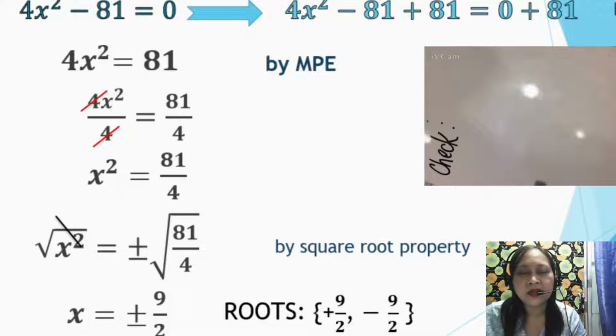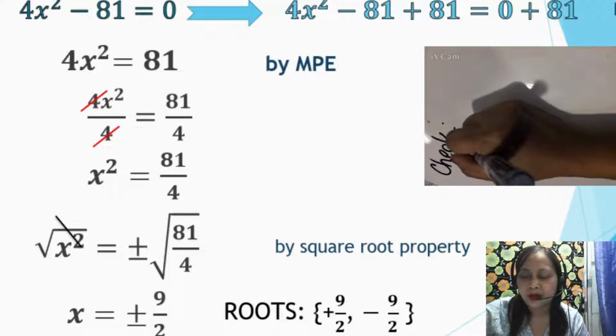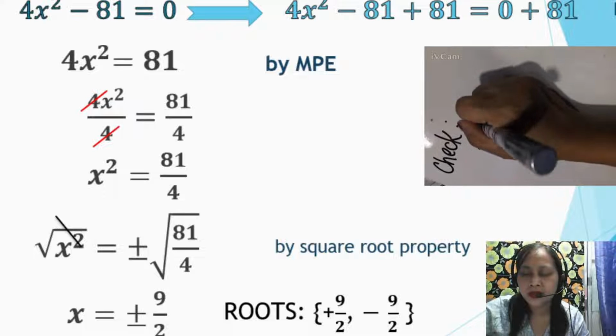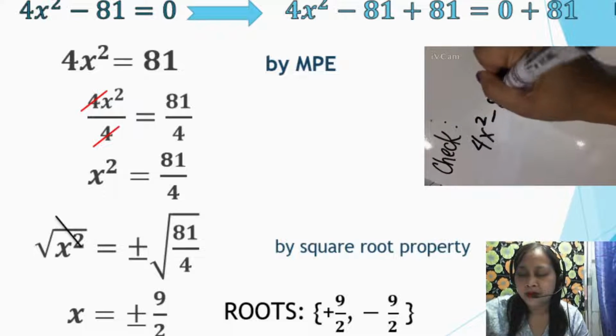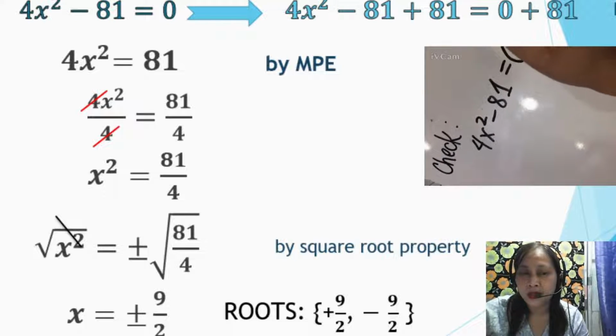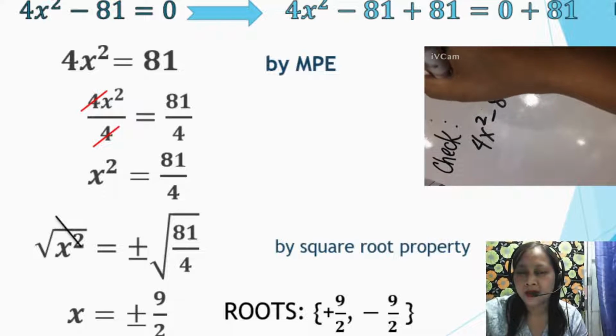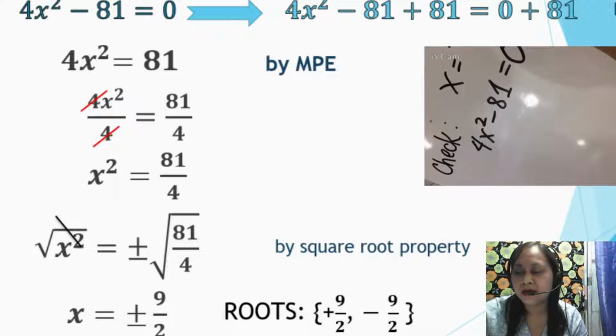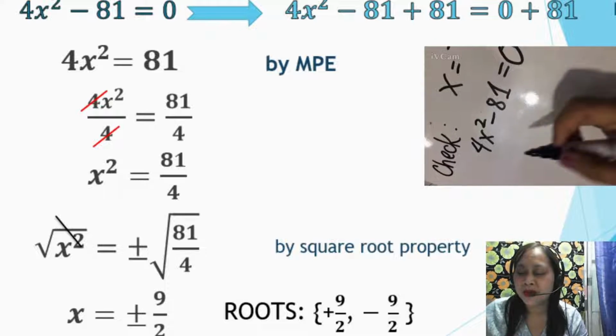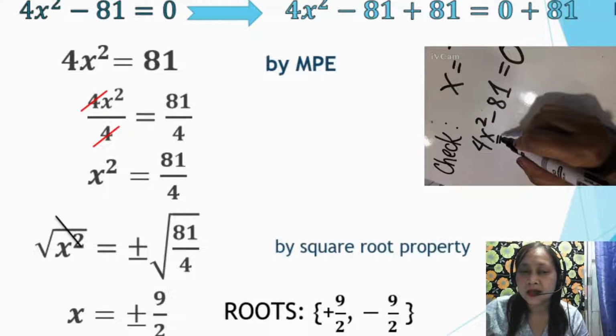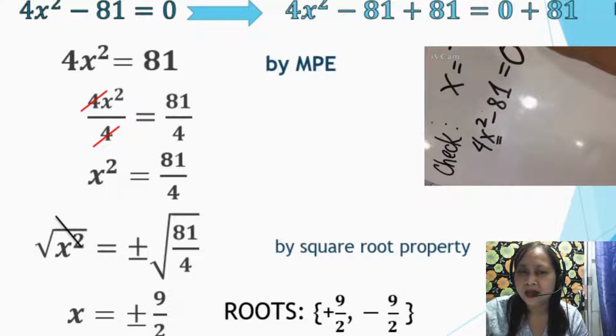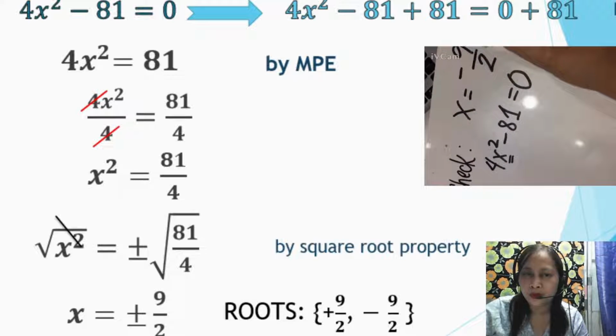Now let us check if negative 9 over 2 is the solution of the equation 4x squared minus 81 is equal to 0, where x is equal to negative 9 over 2. Same process, we will replace the value of x with negative 9 over 2.